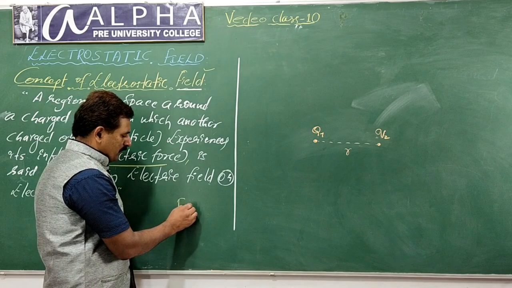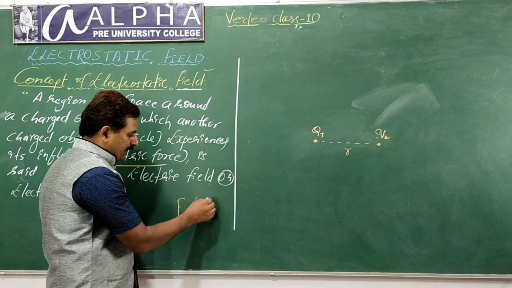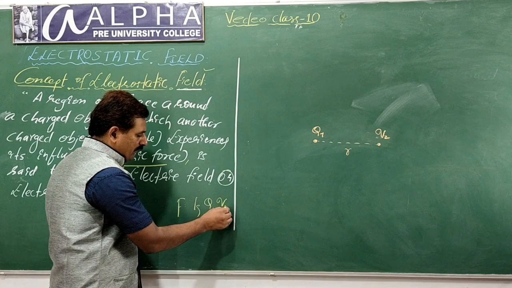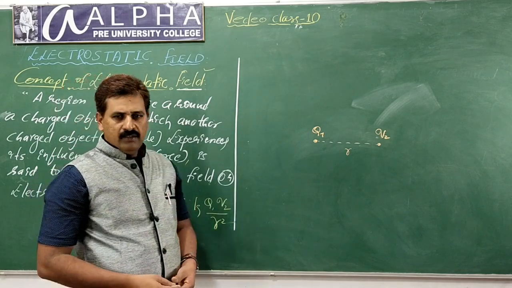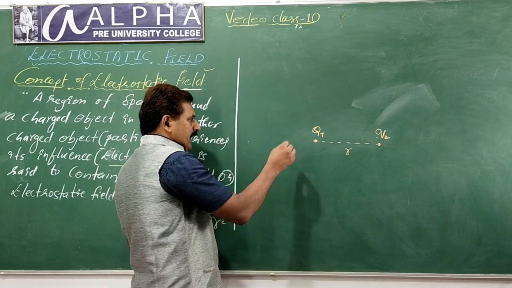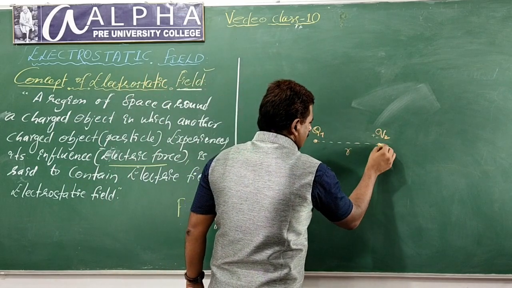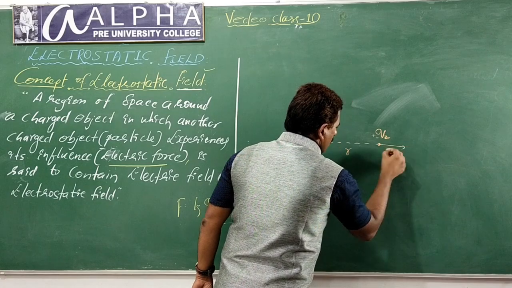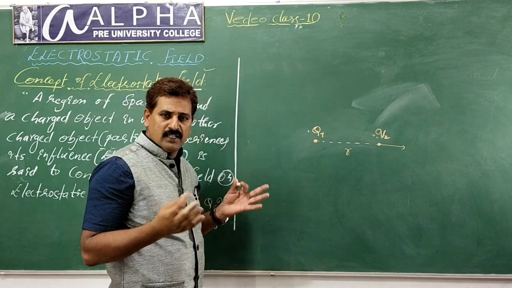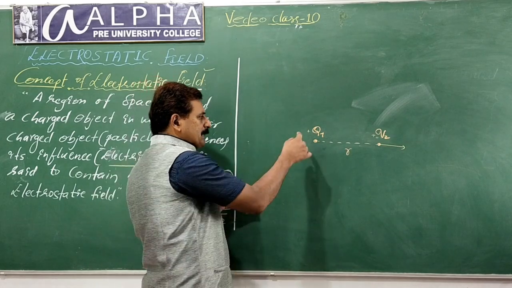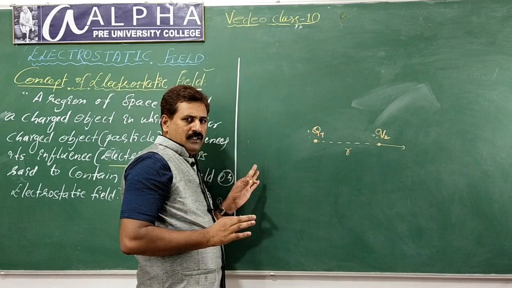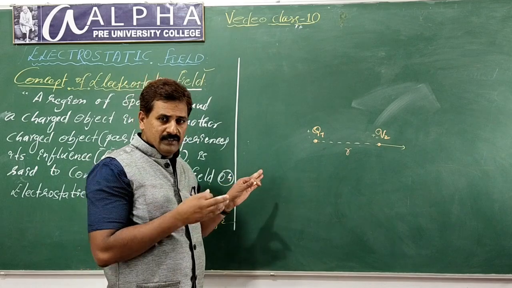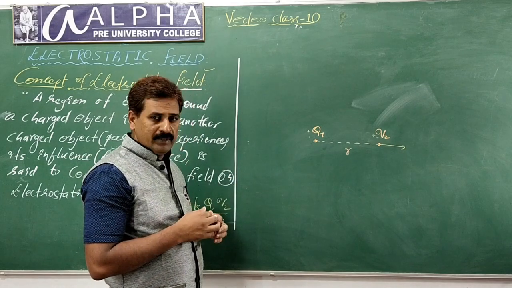F equals constant K Q1 Q2 divided by r square. r is the distance, right? What is the direction of the force? If the two charges are positive, direction is away. Both negative, direction is away, repulsive. One is positive, the other negative, direction is towards. That you have been familiar with and learned very well.